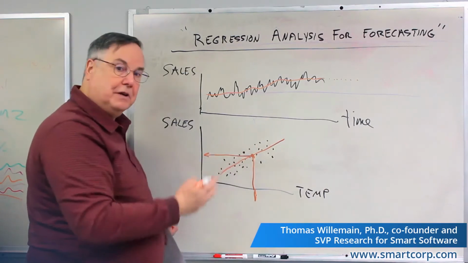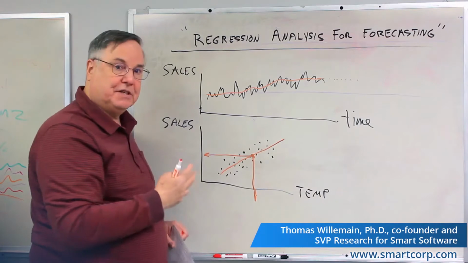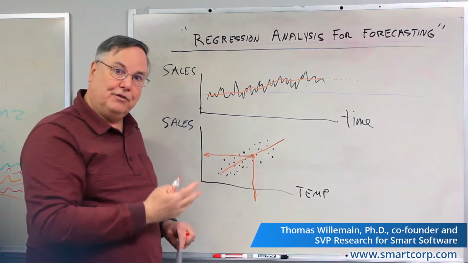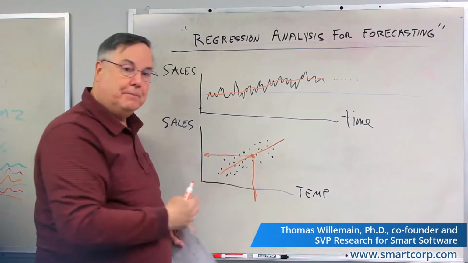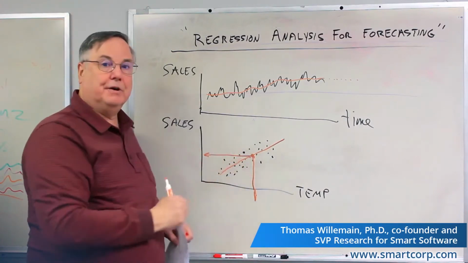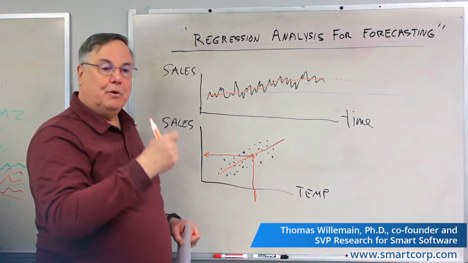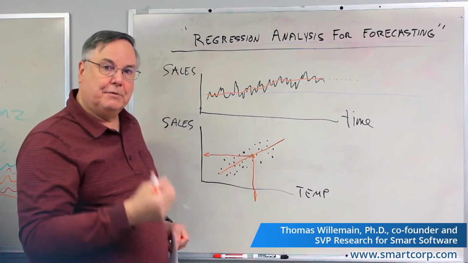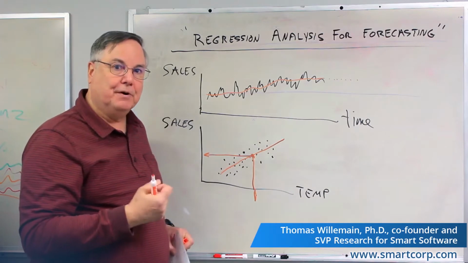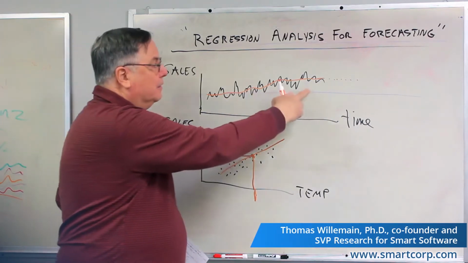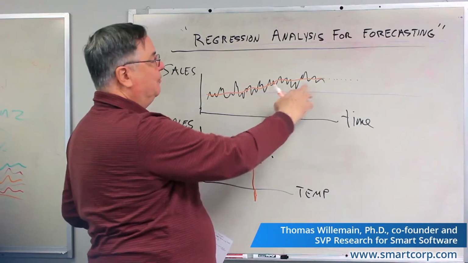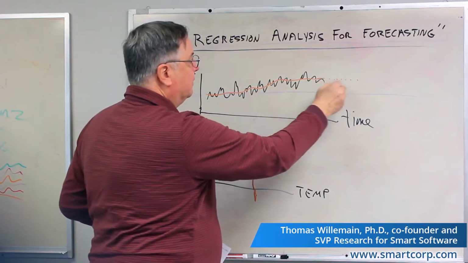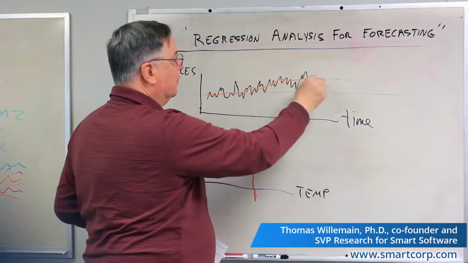And if we're just looking back at history and we want to explain to ourselves when is sales higher, when is sales lower, and how does temperature affect that, this picture is the answer. If we want to go further and forecast sales, then the regression approach puts an extra burden on us. Here, with this picture, the time series approach, we can find some way to extrapolate or extend this orange curve.